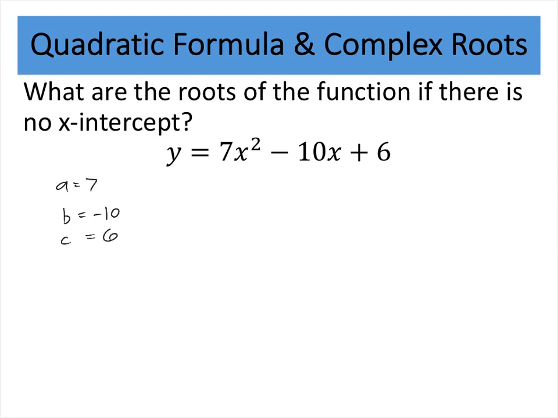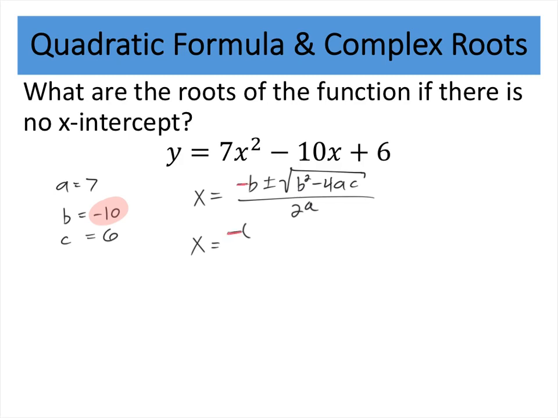We're going to write out the quadratic formula. X equals negative b plus or minus the square root of b squared minus 4 times a times c, all of that divided by 2 times a. And we're just going to plug and play. So our b is negative 10. Notice, this is critical: b is negative 10, but it's the opposite of b.